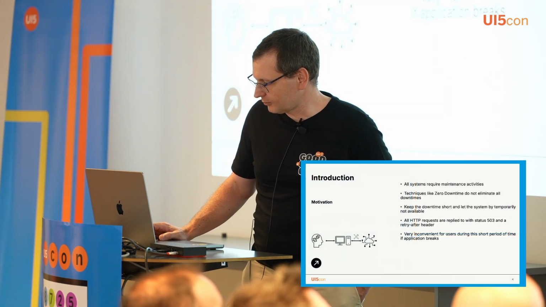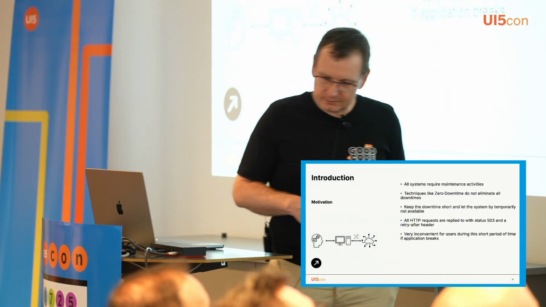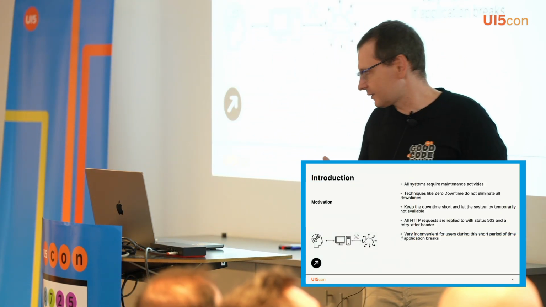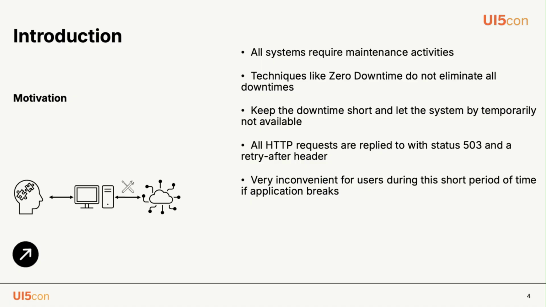Introduction. We all know all systems require maintenance activities. SAP has invested heavily in the past to reduce downtimes, but even if you have something like zero downtime, there will still be maintenance activities that require downtime. For example, if you exchange the database, you cannot do this without a small downtime.